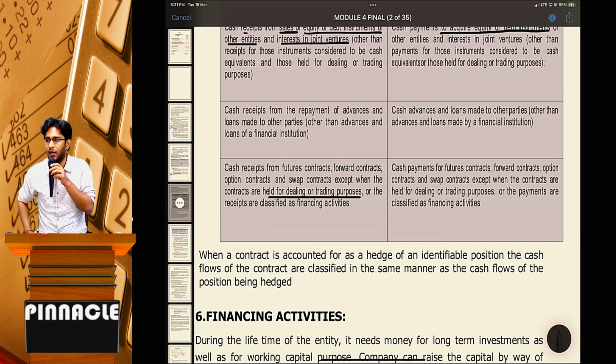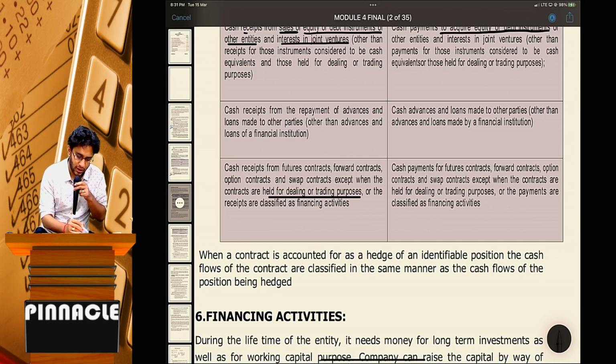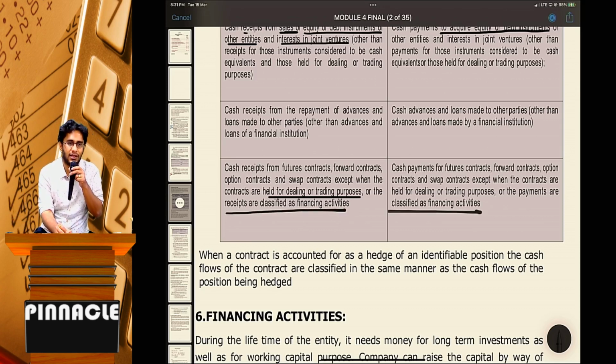Dealing or trading intention, entering into derivative products and all, is part of your normal business. In that case, it will be operating obviously, or the receipts or payments are directly classified as financing activities. Example, suppose you have a loan.